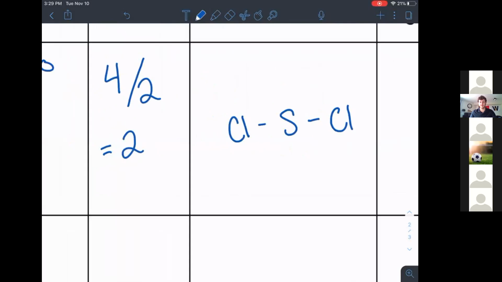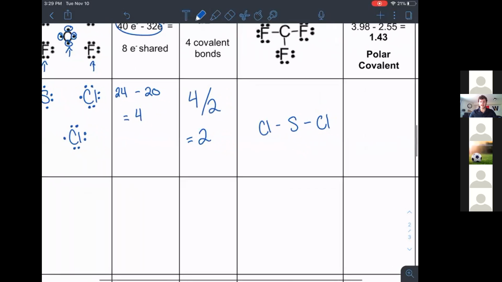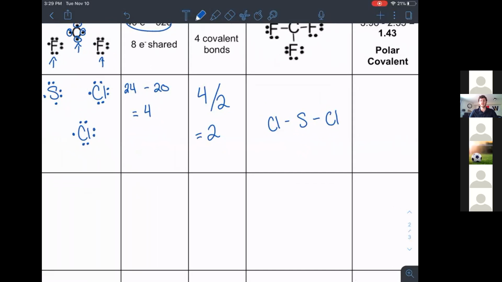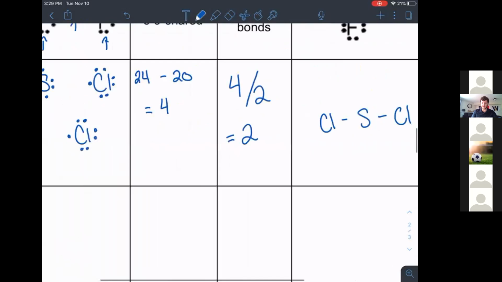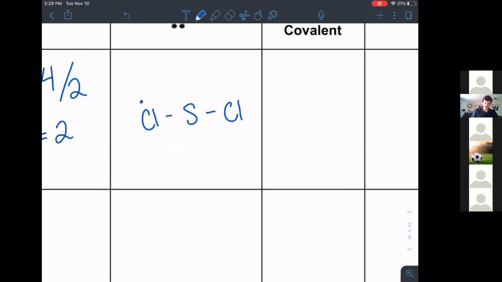All right. 2 bonds between sulfur, 1 bond between each of our chlorines. And then we also need to make sure that we are bringing the rest of those valence electrons back.